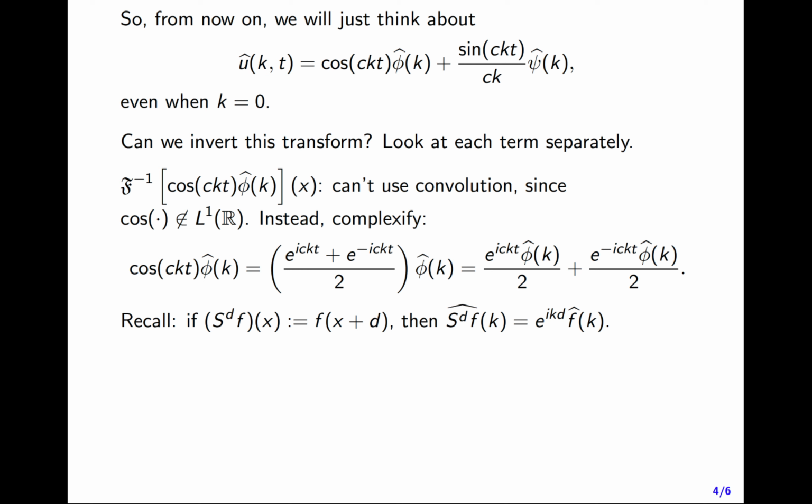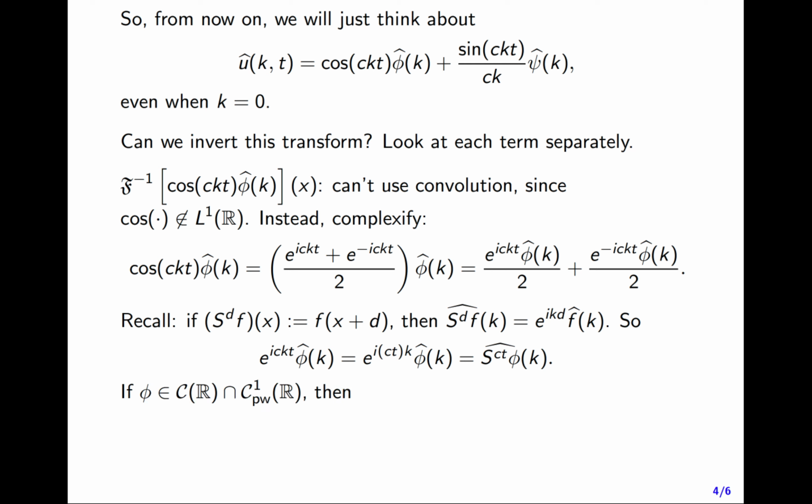So we have here e to the i ckt and e to the minus i ckt. These are related to shifts. e to the i ckt phi hat of k, if I just factor this a little better, it's e to the i times ct times k phi hat of k. So that's shift by ct on phi hat at k.